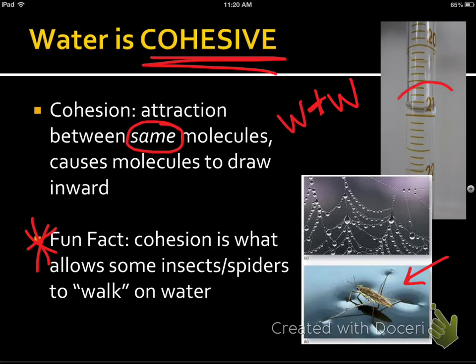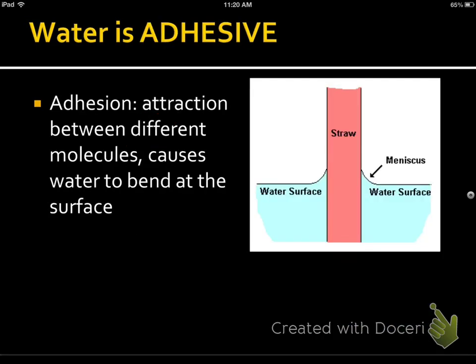It's also why you see this, which is a term called a meniscus. If you've ever done any baking or cooking and you measure anything, or if you remember from lab, it makes kind of like a U shape on the side of the glass because the water molecules are sticking to each other on the side.